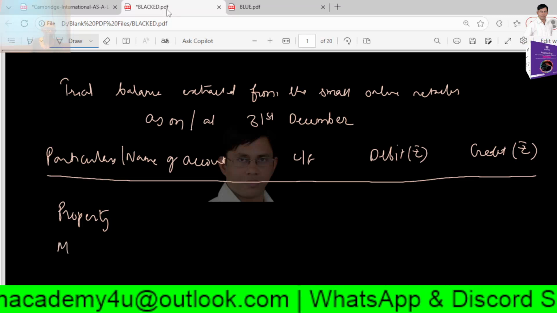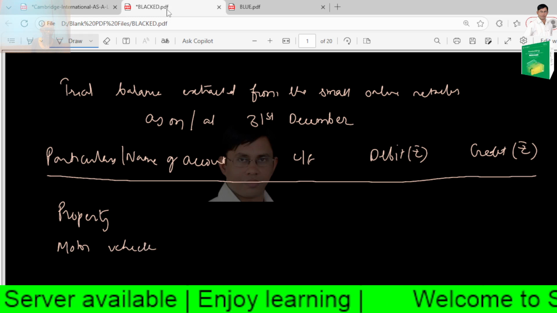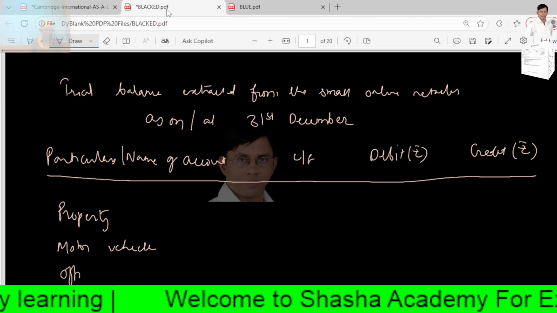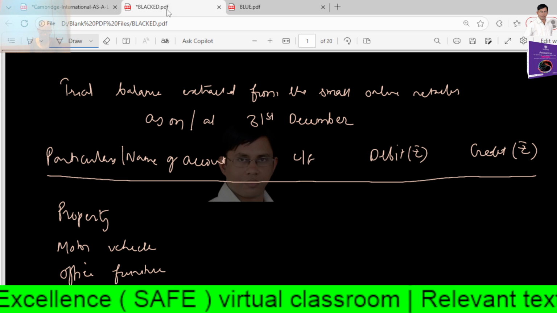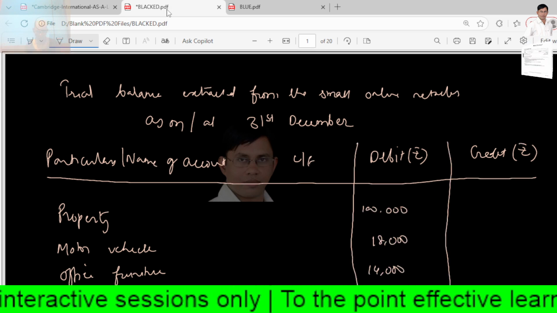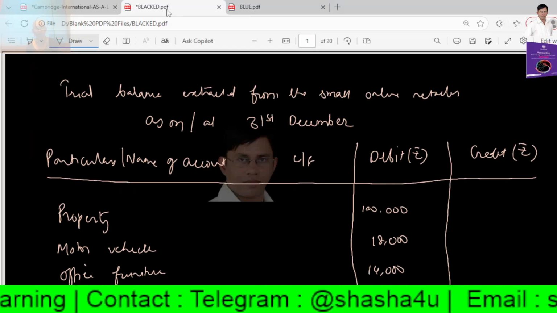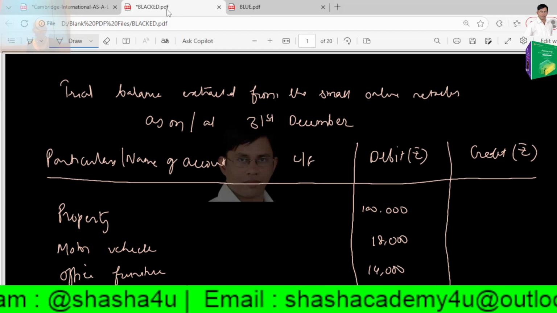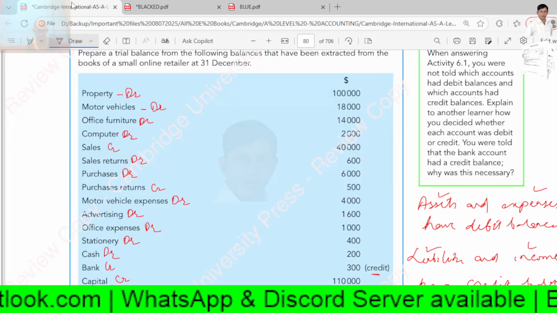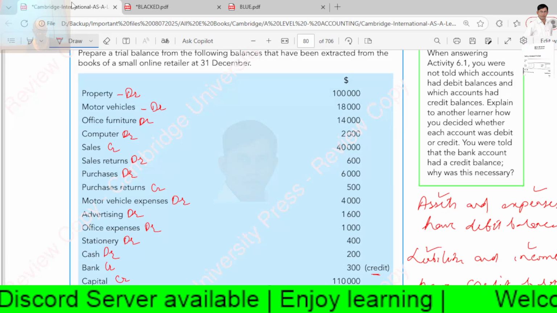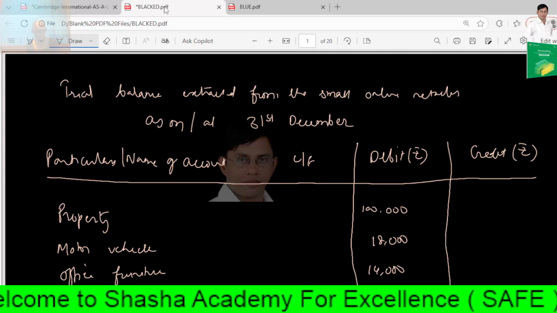Property 100,000, motor vehicle 18,000, office furniture 14,000, computer 2,000, sales 40,000.